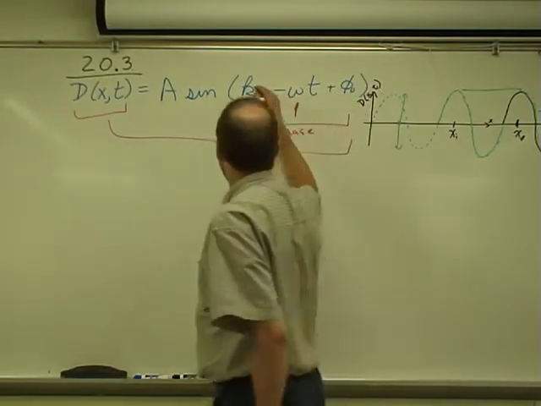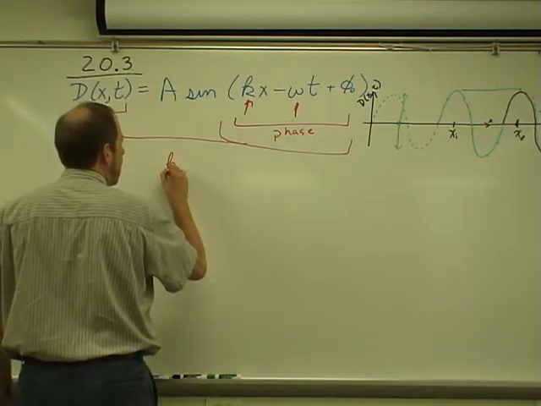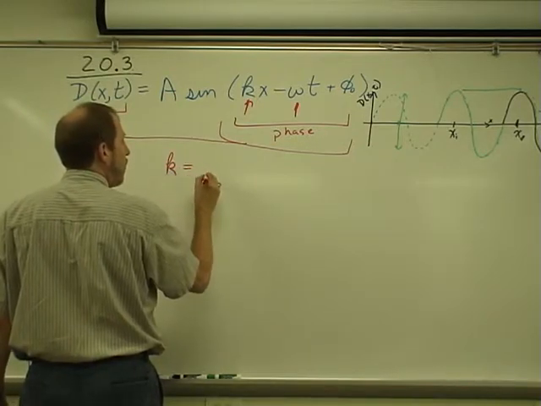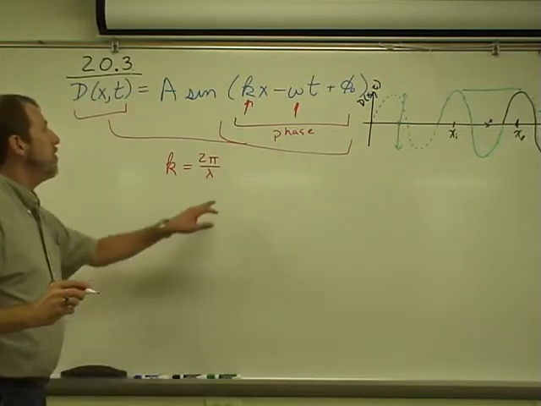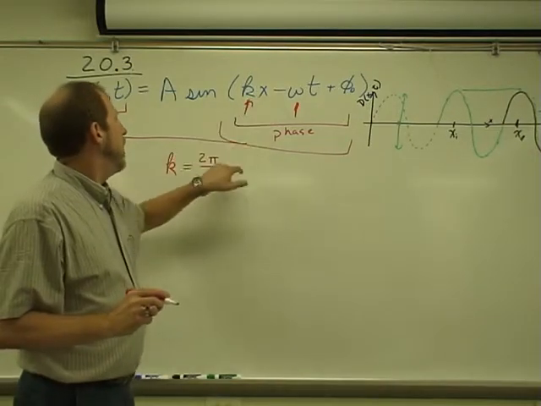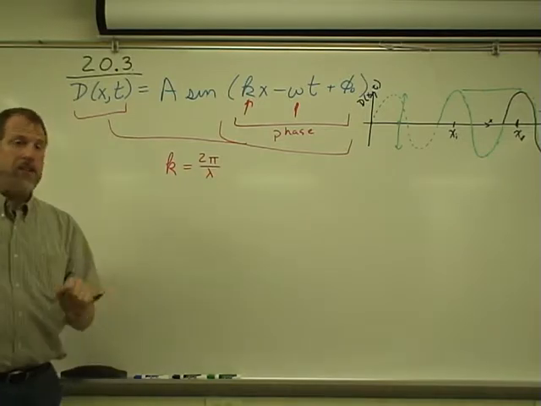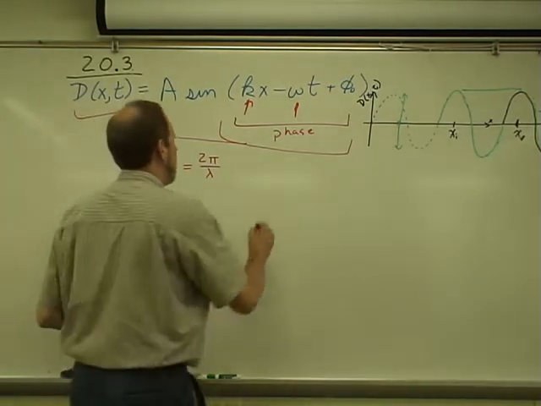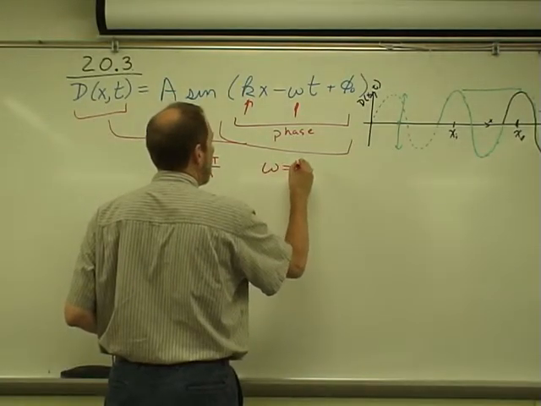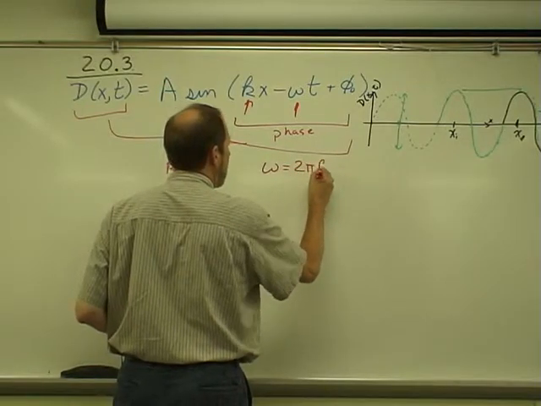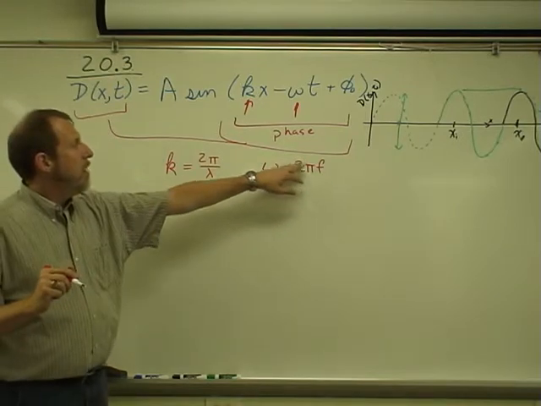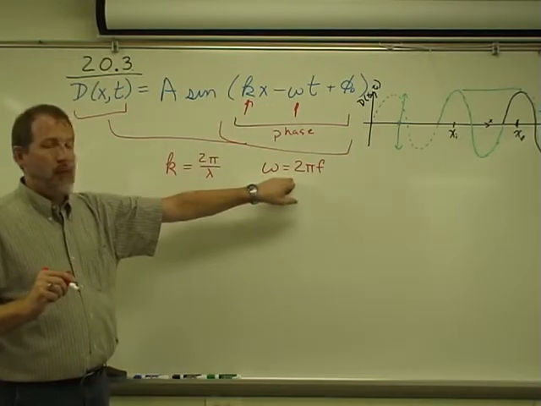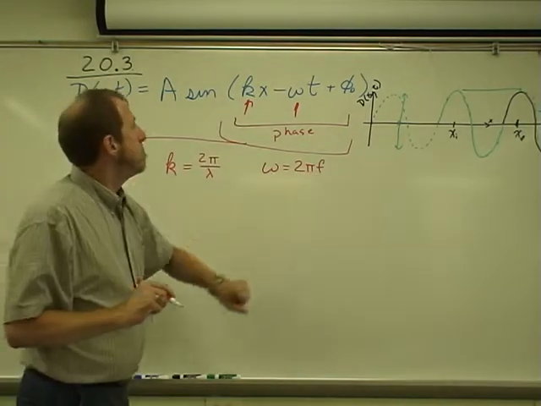Now, again, we have the wave number. It exists to convert the position into a unitless, well, radians, angle. In the same way, the angular frequency is related to the frequency, like so.